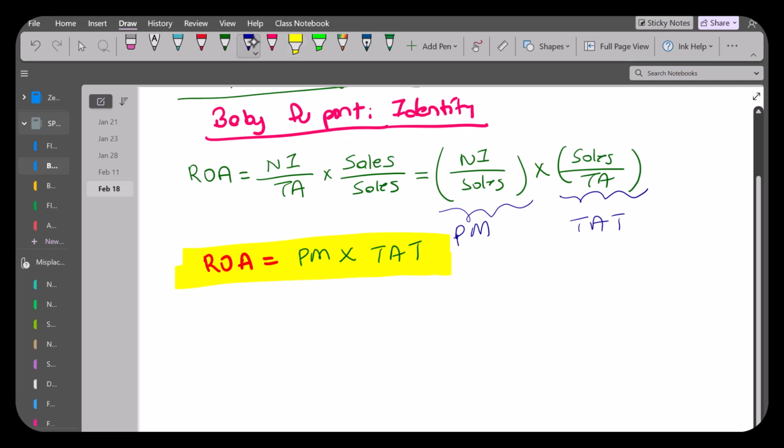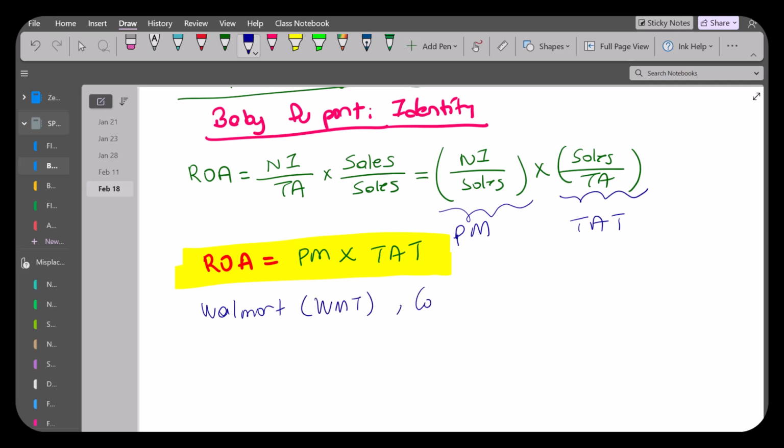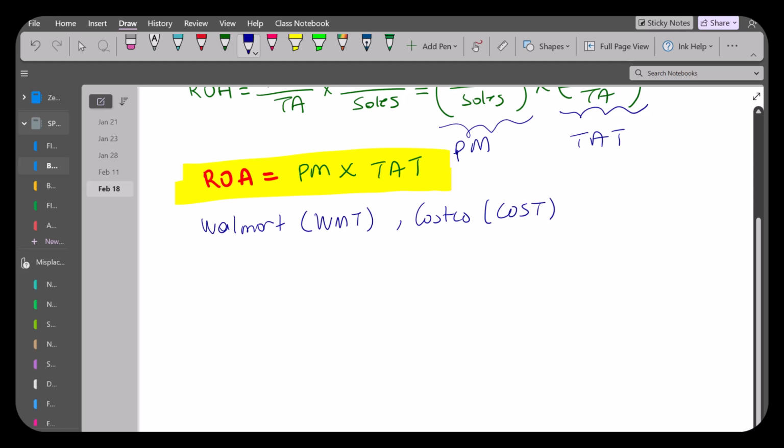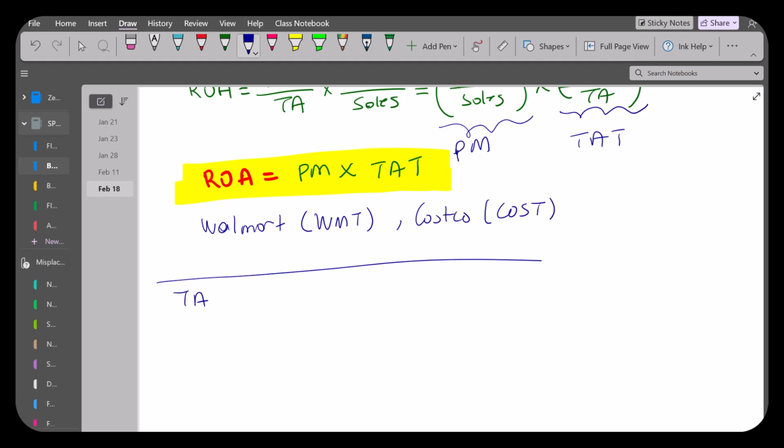So we're going to look at Walmart, ticker WMT, and Costco, ticker COST. So let's get numbers. Let's do a little table here.